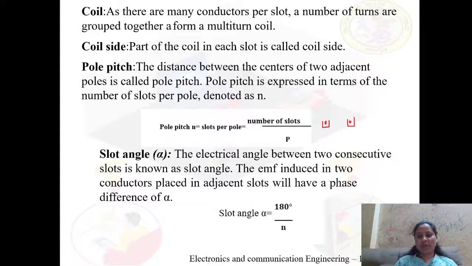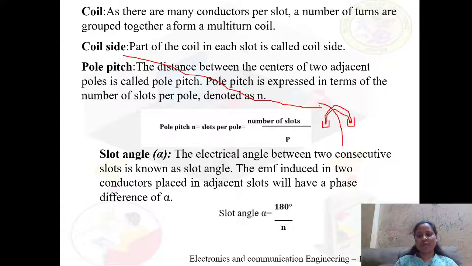If we combine them, this is a turn, right? So if we break this, this is called a coil side.